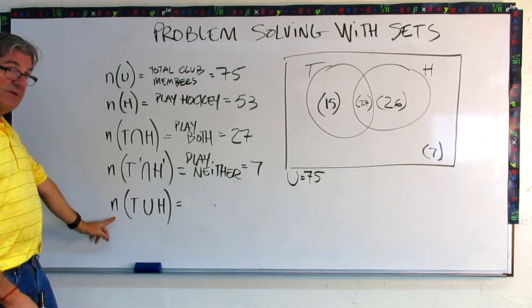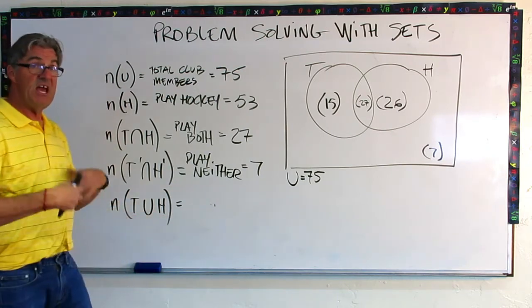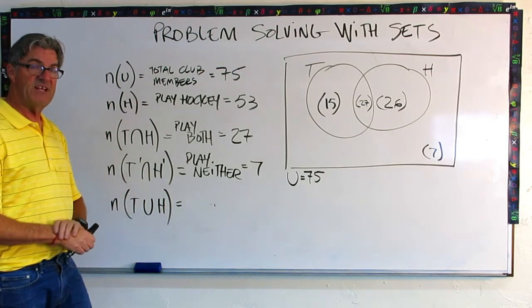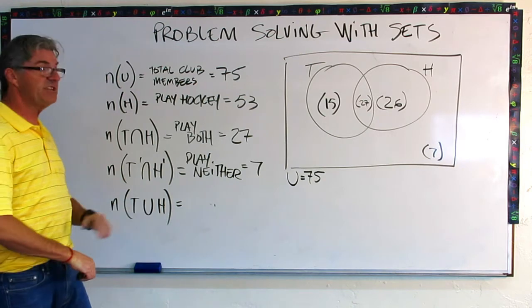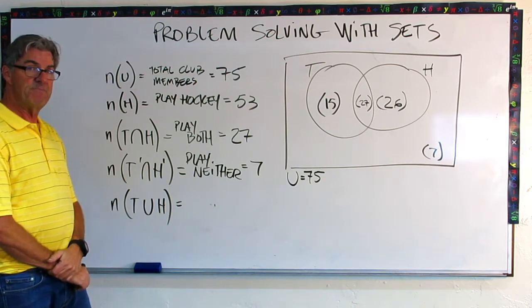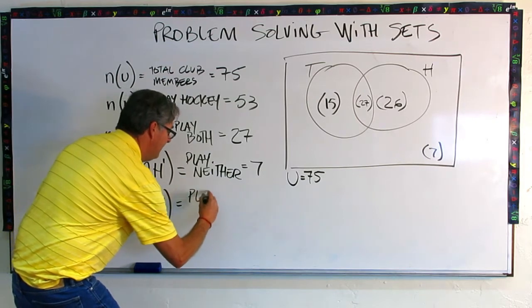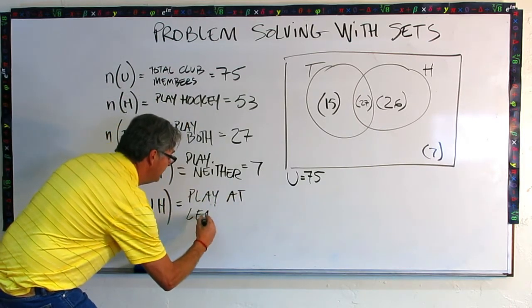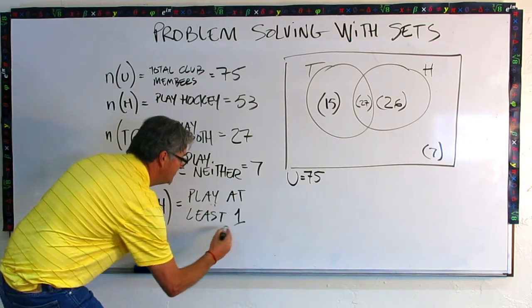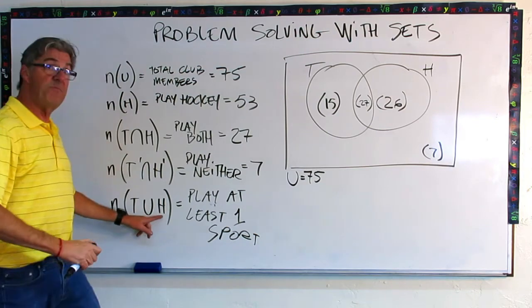The number of elements in the union between T and H. So that's everybody. Well, before I say what that is, pause the video and see if you can come up with regular words to explain what this is asking for. This was a little tricky. This is play at least one sport. Okay, so it's the union of both sets.